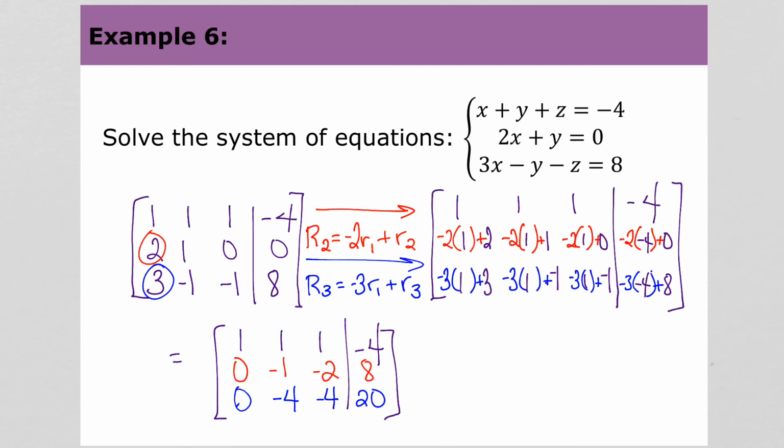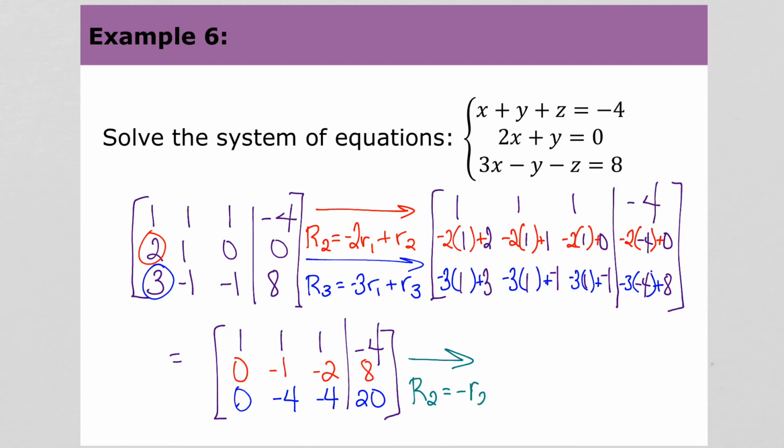Next step is to get a 1. Okay, so first step is always to get zeros under here. Next step is to get your 1 there. Next step is to get a 0 there. And last step is to get a 1 there. So, how are we going to get a 1 in this spot? Just multiply by -1.